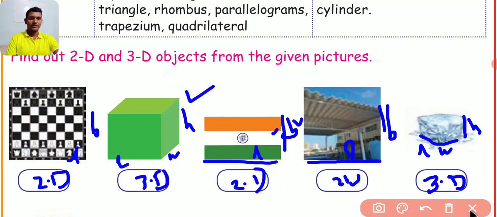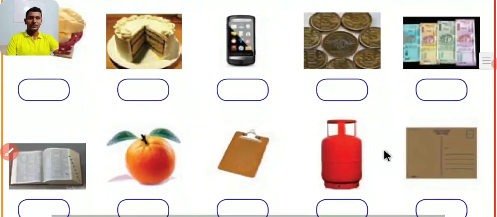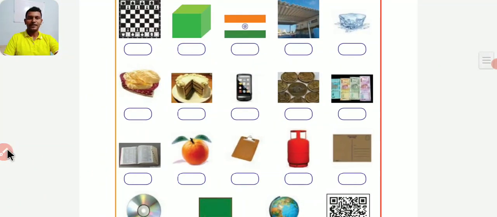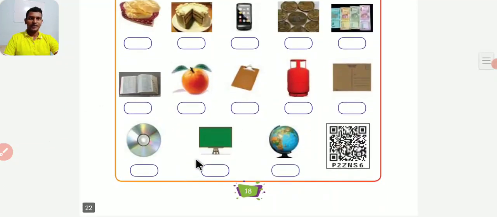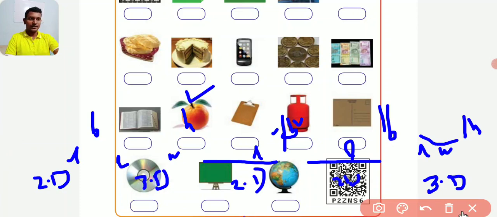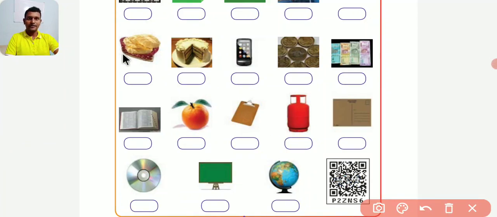In this way you have to find all the shapes and mark them here. For example, this has 3 dimensions: length, width, and height. Therefore it is 3D.